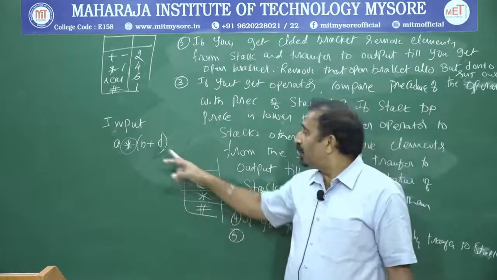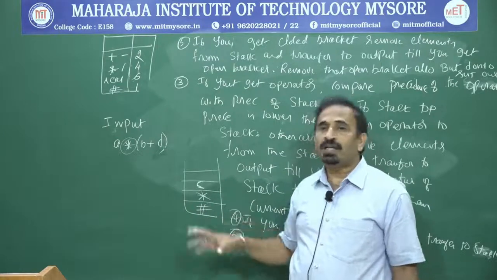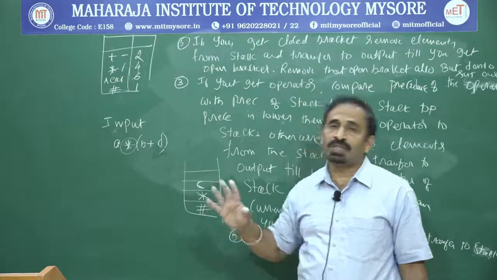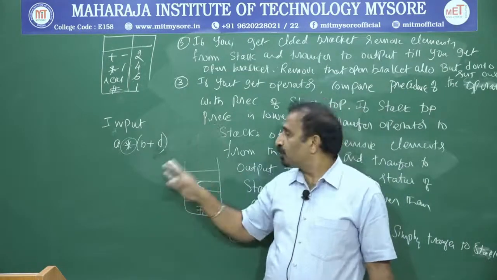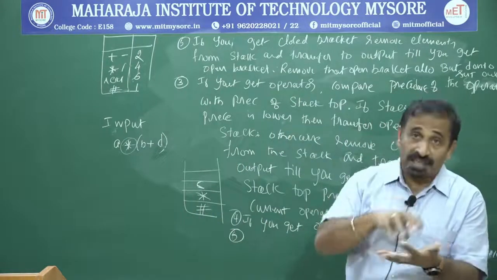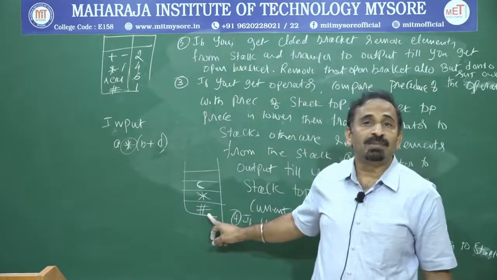Finally, I will be going up to the last character and do accordingly according to any of these steps. Once you reach the point where no more input symbols are there, either operand or operators, that is the end of the operation. Take out elements from the stack if there are any left out, then transfer them to output till you get a hash symbol.